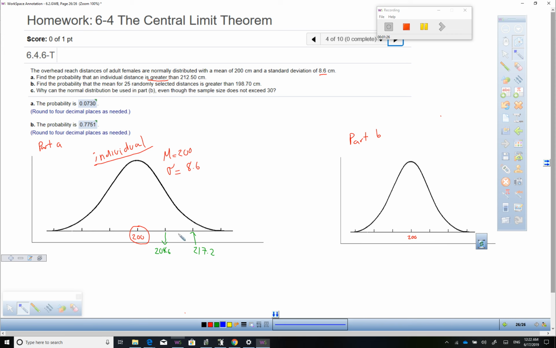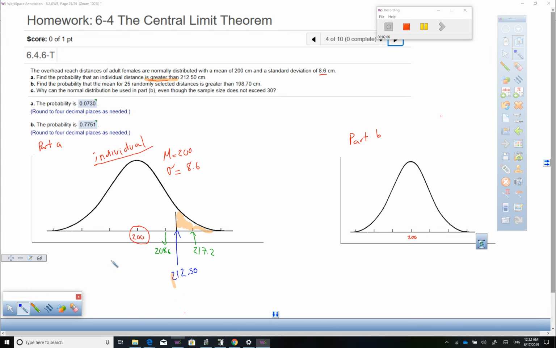So that score is going to be somewhere here, and that will be from here to the right, this area on the right. The words "greater than" mean they want the area on the right side of this score, greater than 212.5.